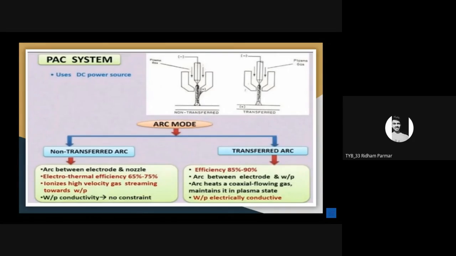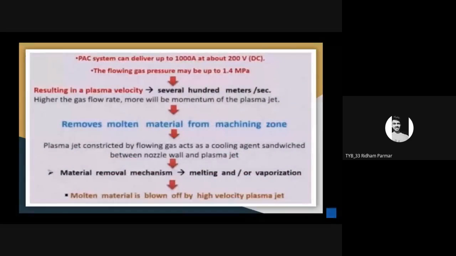In either case, the material that is in molten or vaporized state is blown off from the machining zone by the high velocity plasma jet. So this is a flow about the plasma arc system.